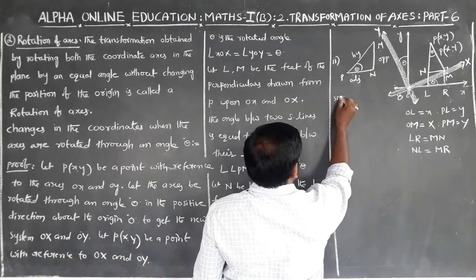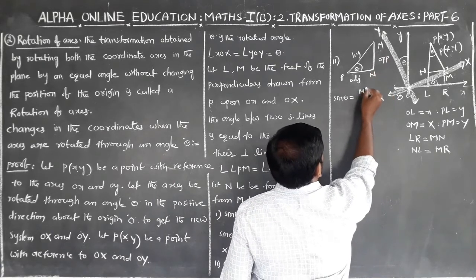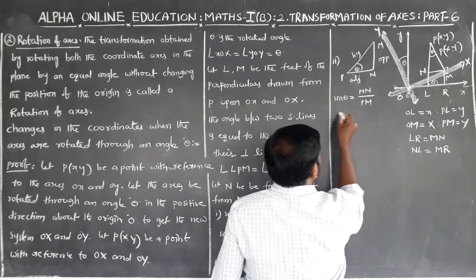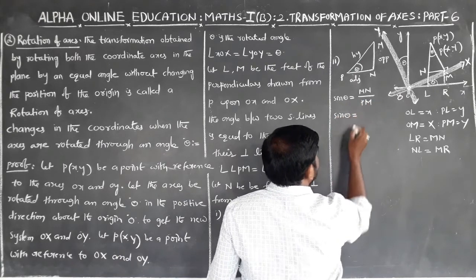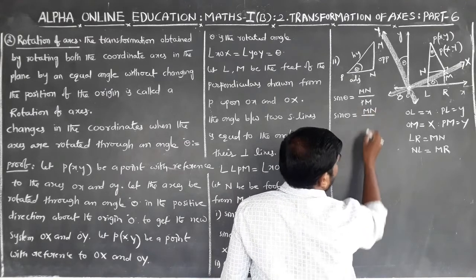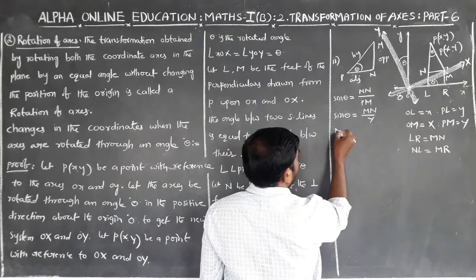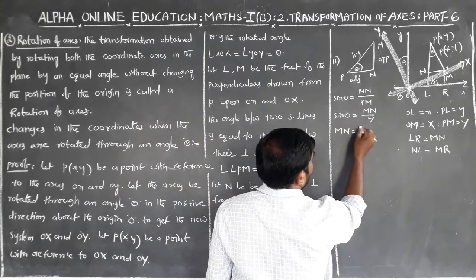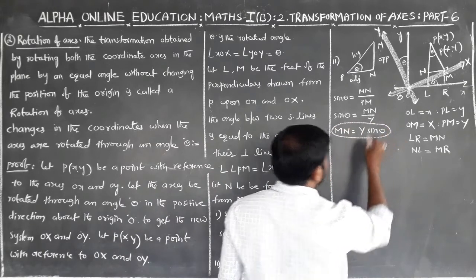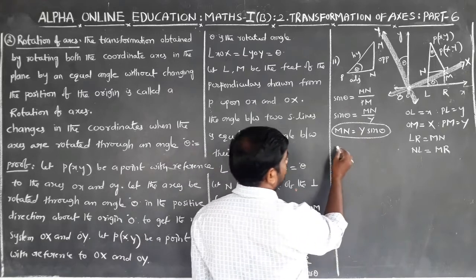Again, the second triangle, PMN. First one is sin theta. Sin theta is equal to MN by PM, and PM is equal to capital Y. Here MN is equal to capital Y sin theta.